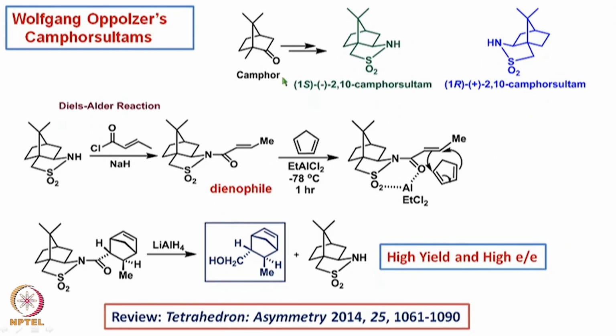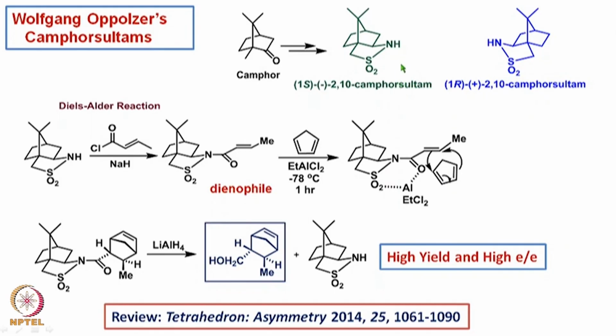Now these are derived from camphor, which is a naturally occurring molecule, and the reason to choose such kind of auxiliaries or ligands was basically because the exo part, that is the upper part of the camphor here in all the cases, is highly sterically hindered, and therefore the reactions occur from the endo side, from the lower side.